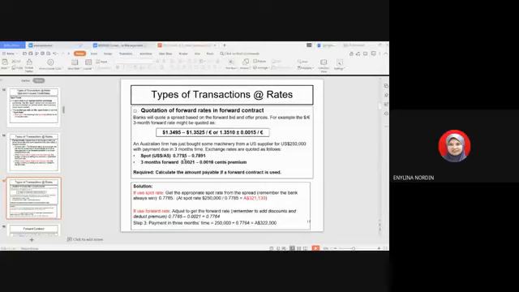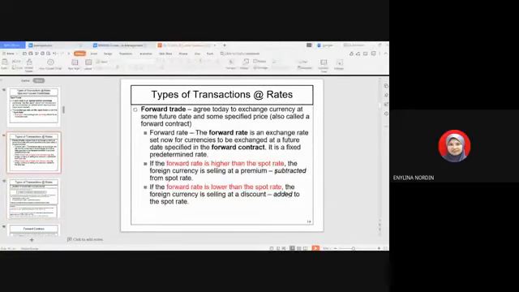So this is the lower premium, this is the higher premium. If it's a premium, you must bear in mind, like I mentioned here, it must be subtracted from the spot rate. So we know the current rate.